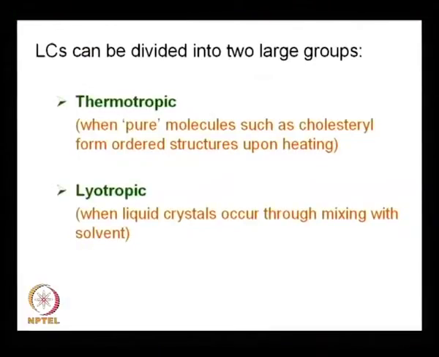These liquid crystalline polymers can be divided into two large groups, thermotropic liquid crystalline polymer and lyotropic liquid crystalline polymer. Thermotropic is related to the melt state, melt phase. When a polymer shows liquid crystallinity in melt condition, we term it a thermotropic liquid crystalline polymer, which may be nematic or smectic or cholesteric again.